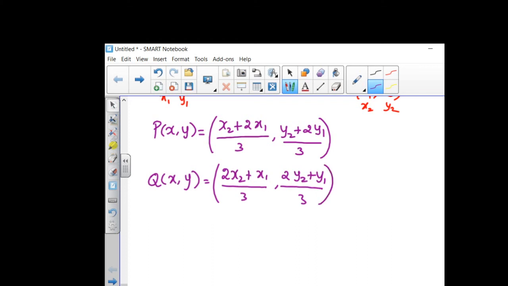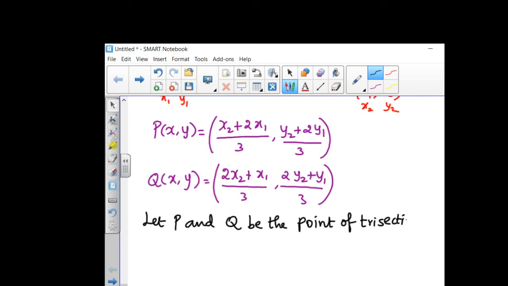Okay, so we know the trisection points. Let P and Q be the points of trisection.